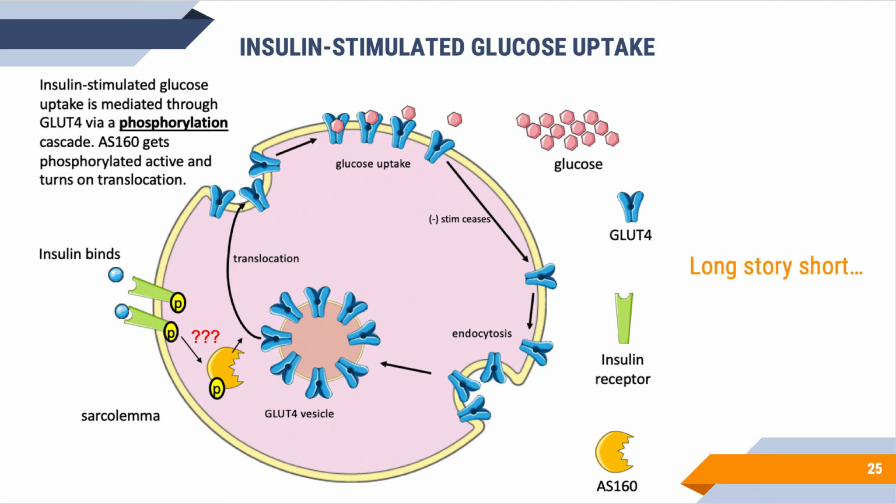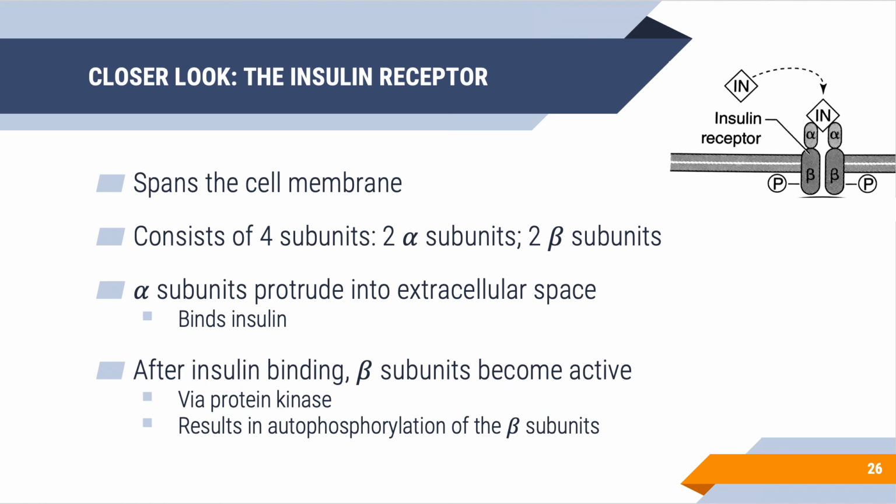But really, this is oversimplified. There's a lot more going on between insulin binding to its receptor and AS160 activation, leading to GLUT4 translocation. If we take a closer look at the insulin receptor itself, it spans the cell membrane and consists of 4 subunits, 2 alpha and 2 beta. The alpha subunits protrude into the extracellular space, communicating with the environment around it, and the beta subunits protrude into the intracellular environment, closer to the skeletal muscle GLUT4 pools.